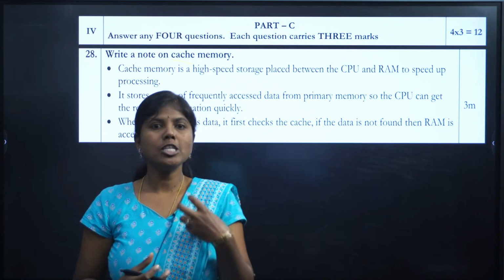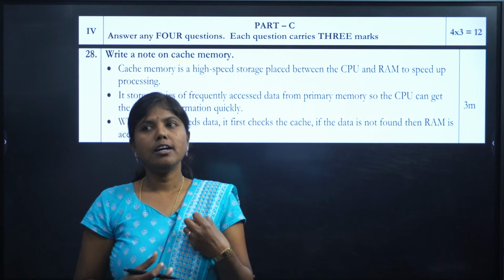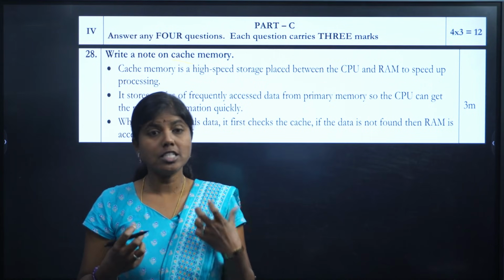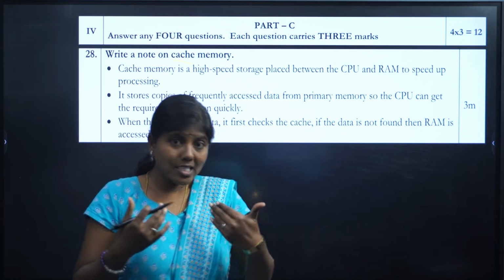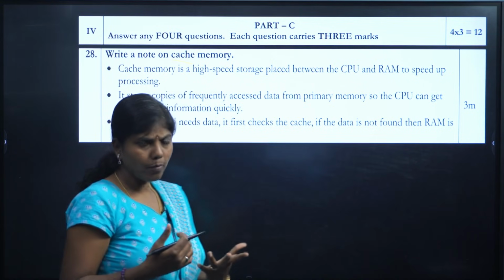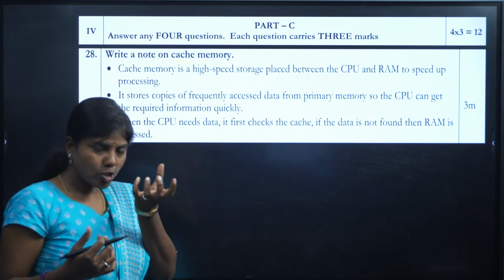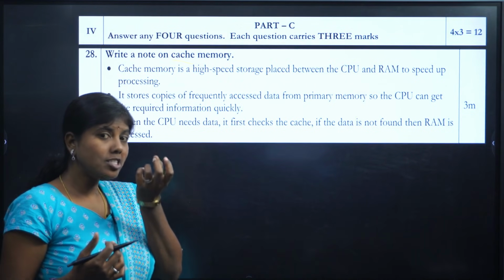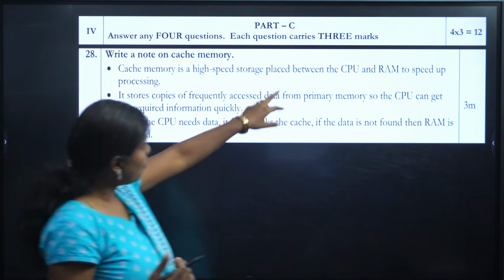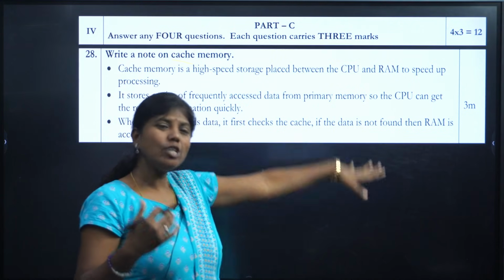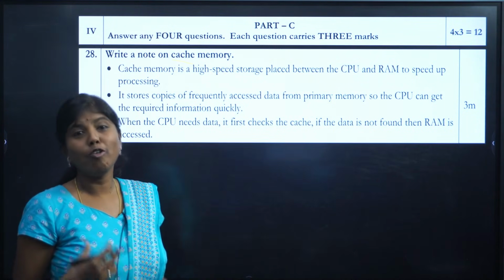A cache memory is basically a temporary memory, a volatile memory that's placed between the CPU and RAM, basically to increase the speed of accessing.